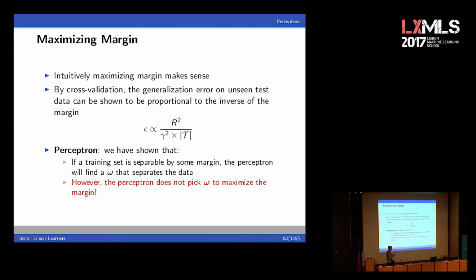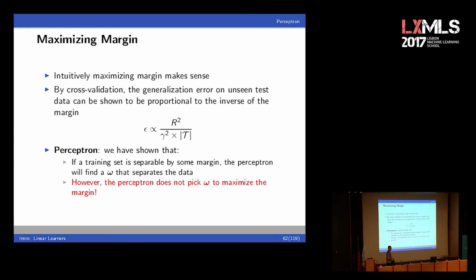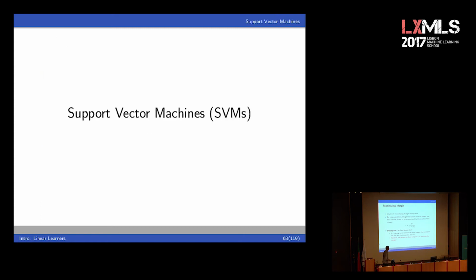So if the margin would explicitly be optimized and made larger, then the error would be smaller for the learner. So what the support vector machine actually is, it's a perceptron that maximizes the margin explicitly, not just by hoping that it maximizes the margin. It does it explicitly. Otherwise, they are very much the same.